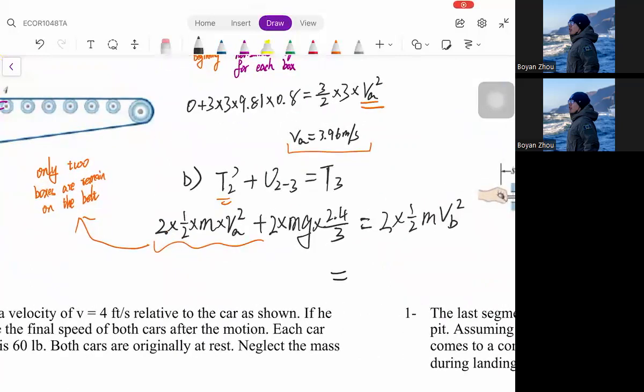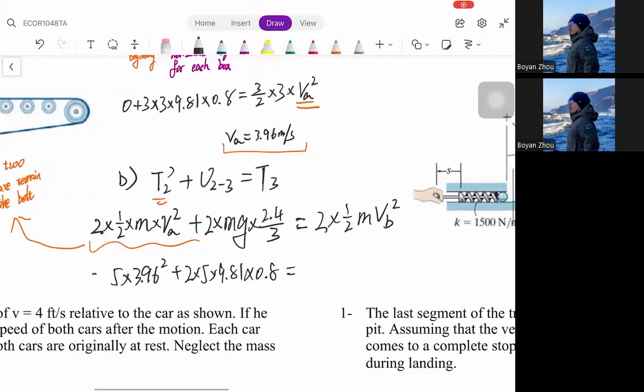So on the left hand side, we're just going to plug in the numbers. That is 5 times 3.96 to the power of 2 plus 2 times 5 times 9.81 times 0.8 is equal to 5 times VB squared.